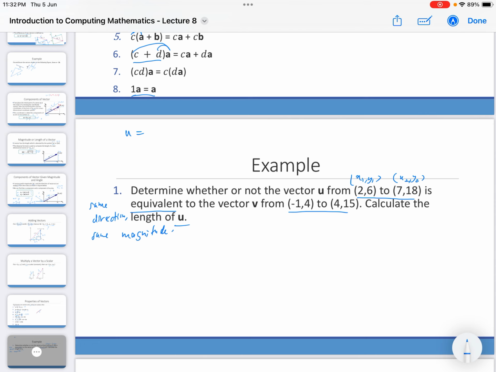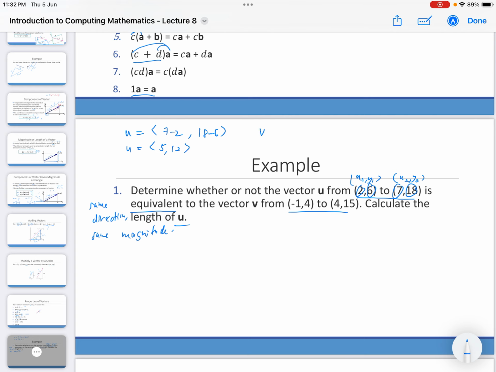So you find the displacement, the x displacement and the y displacement. So the first component will be 7 minus 2, and the second component will be 18 minus 6. So we get the components for u as (5, 12).